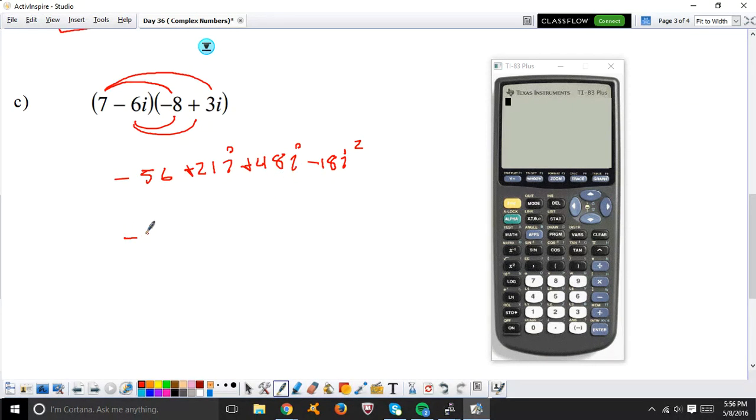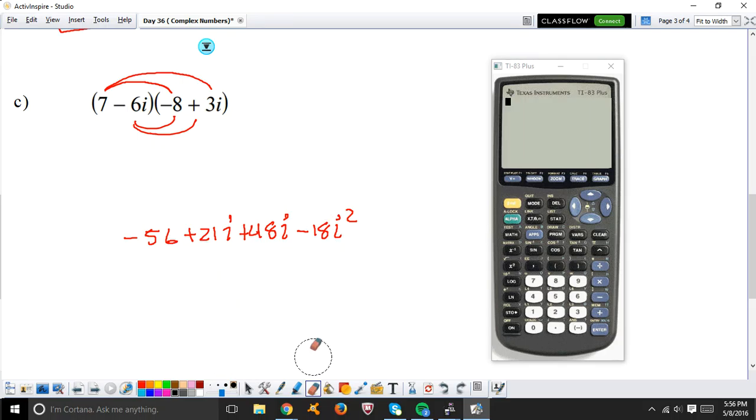Let me rewrite this because I don't think this is okay for me to write in this form. 48i minus 18i to the second. Okay. So now again, notice if there's an i to the second. I see an i to the second here. It's equal to negative 1.